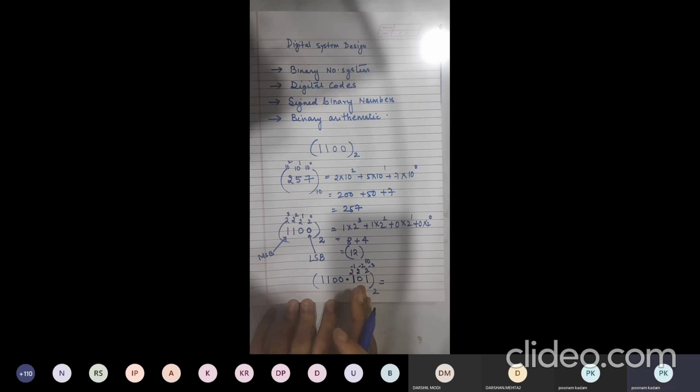It starts with 2 raised to power 0, 2 raised to power 1, 2 raised to power 2, 2 raised to power 3. So when you compute, this will be 2 raised to power 3 plus 2 raised to power 2 plus 1 by 2 plus 0 into 1 by 4 plus 1 by 8. So in this case, what will you get? You will get 12 point, if you calculate, this is 625.